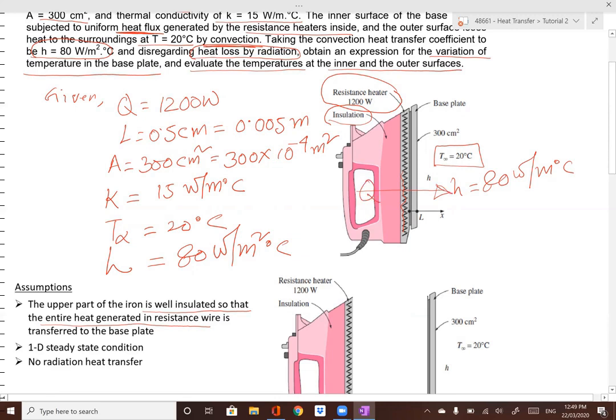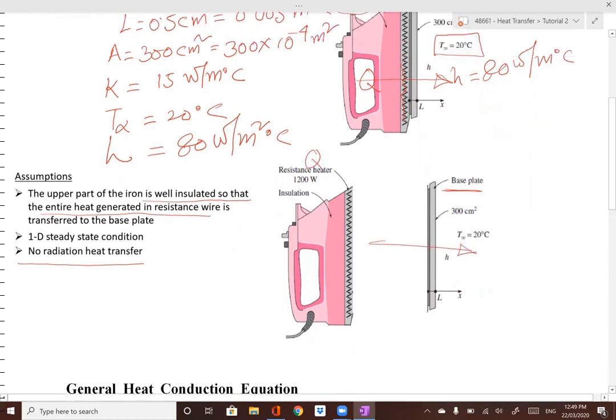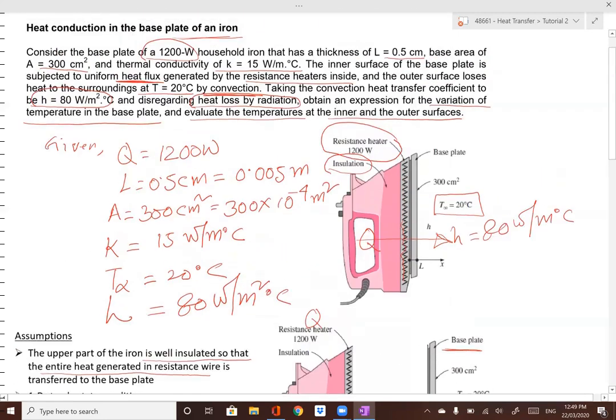So that means it will be a steady state condition, and there is another consideration given, that there is no radiation heat transfer. If I divide it into two parts, this one is the upper portion of the iron, and this one is the base plate. So heat will transfer only in this direction, and the uniform heat flux generated by the resistance will transfer through the base plate.